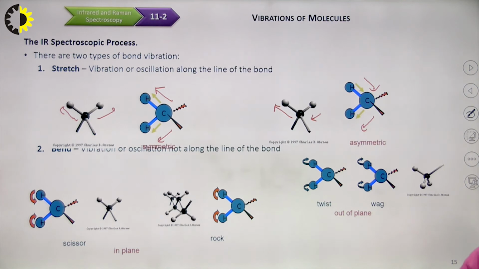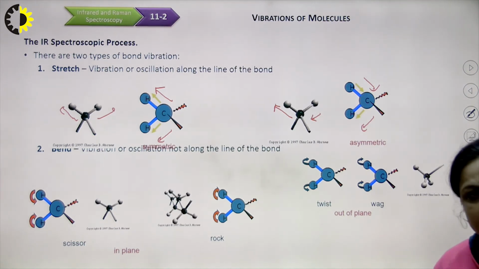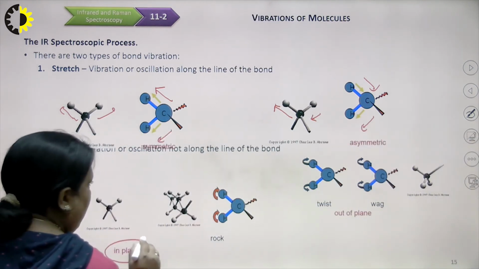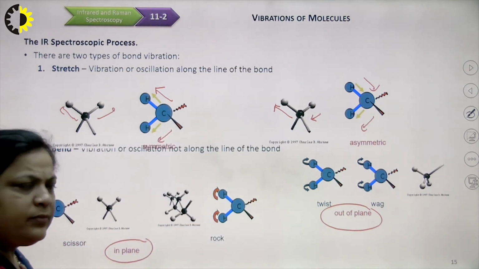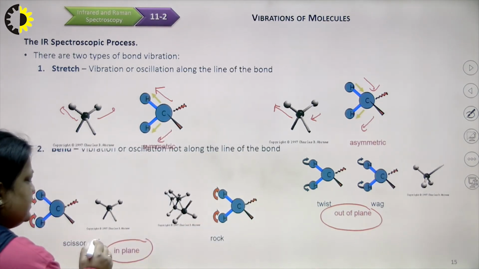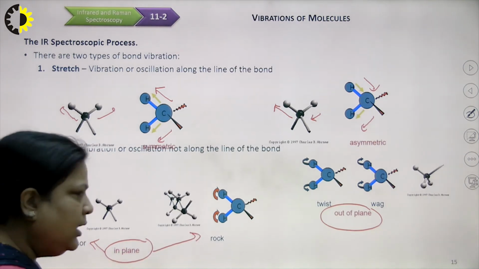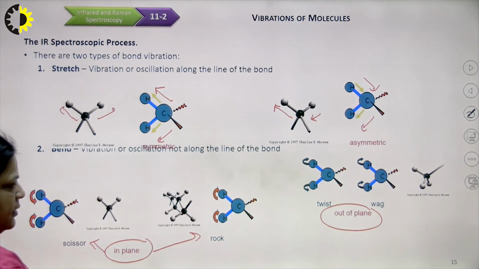Bending means vibration or oscillation not along the line of bond. Here the bending may be in plane or out of plane. Now, in plane bending, again it is of two types, scissoring or rocking. Scissoring is like a scissor, that is bending towards the inward direction.